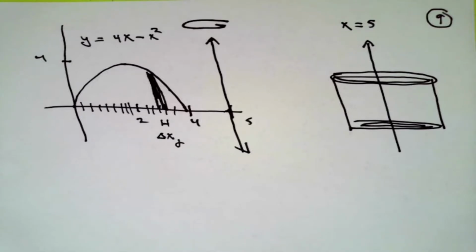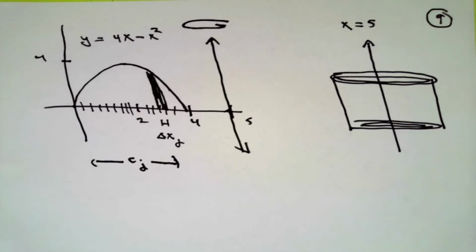In order to write down the formula for the volume of such a shell, I need to identify the radius of the shell, the height of the shell, and the shell wall thickness, which will just be delta x number j. The x-coordinate that I'm going to use to describe the vertical strip, x equals cj, is how far out from the y-axis I am.